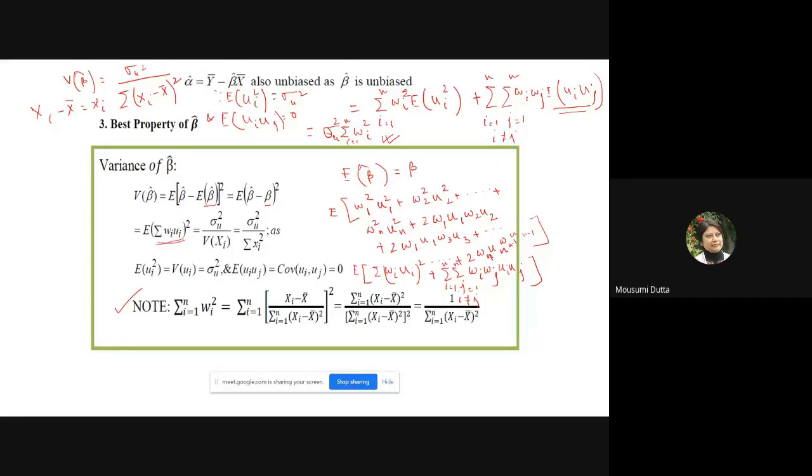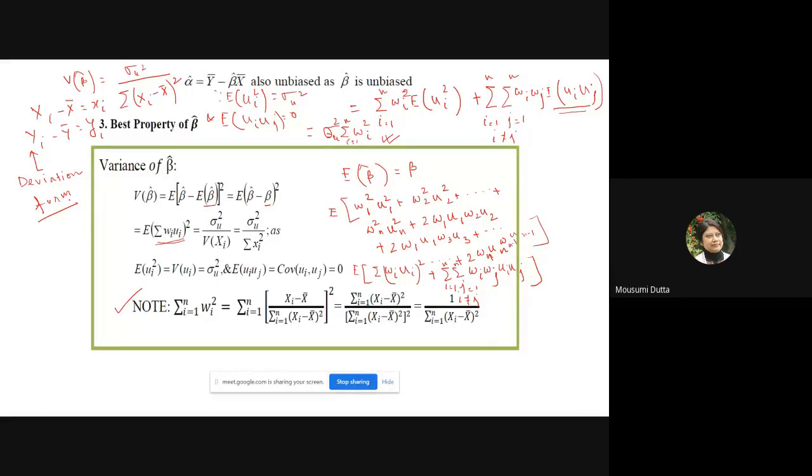This notation is also very popular. Capital Xi minus x bar is equal to small xi, and capital Yi minus y bar is equal to small yi. We call these things the deviation form. Capital Xi minus x bar means deviation of all observations from the mean value.